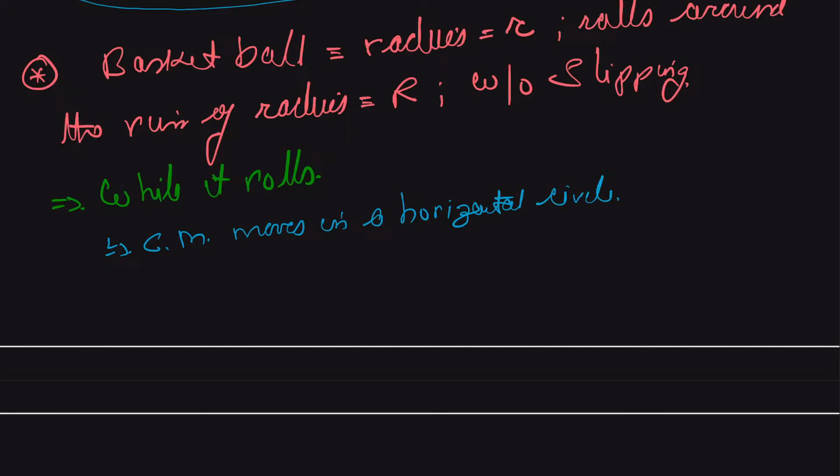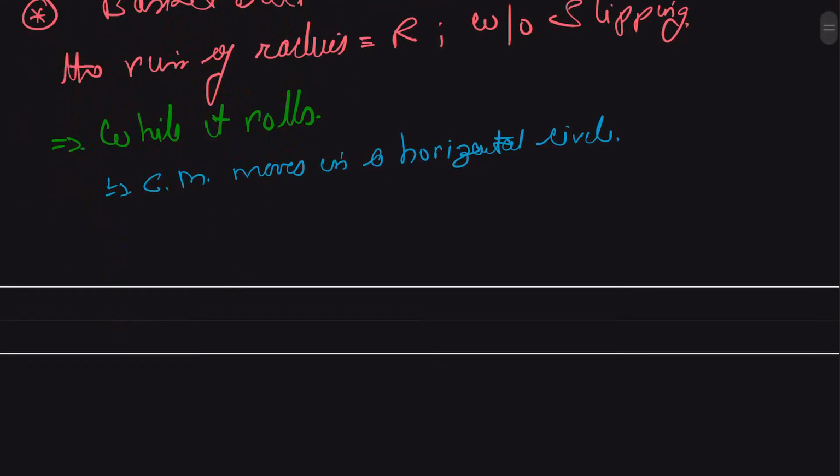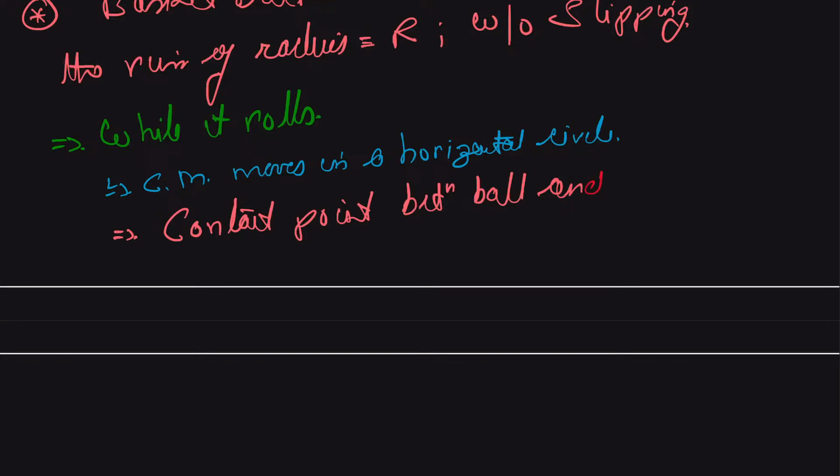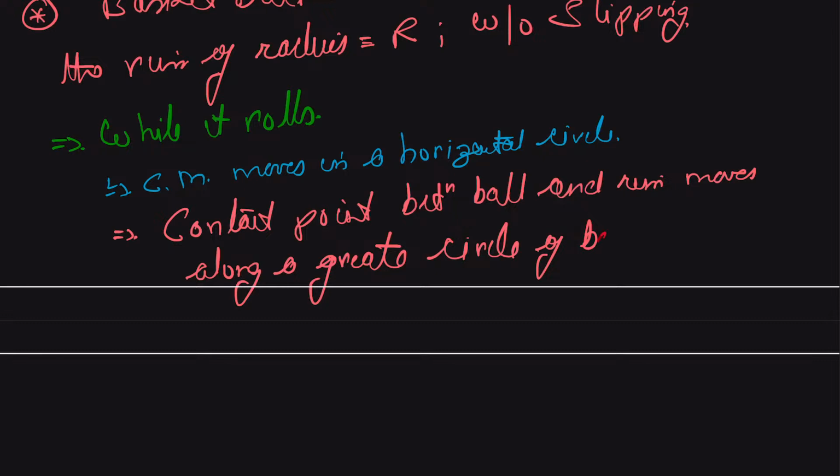And secondly, that is also given in the question itself, the contact point between the ball and rim moves along a great circle of the ball, which basically means it will be moving along the circumference.